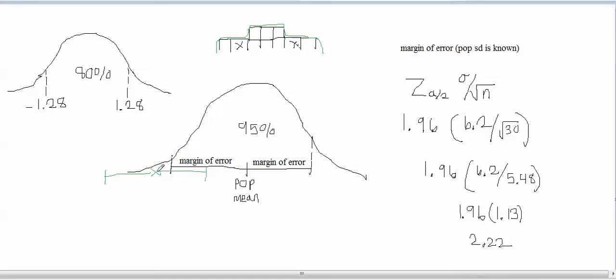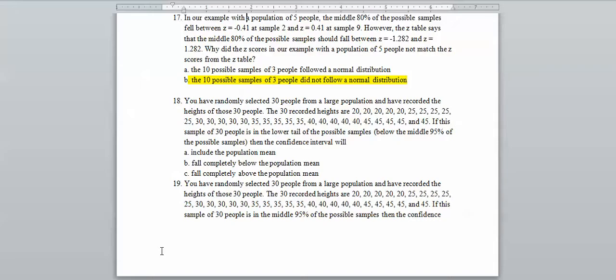If the sample comes from the lower tail down here, meaning if it's a sample at the extreme low end, the entire confidence interval falls below the population mean. So it's actually this one right here. It falls completely below, meaning completely to the left.